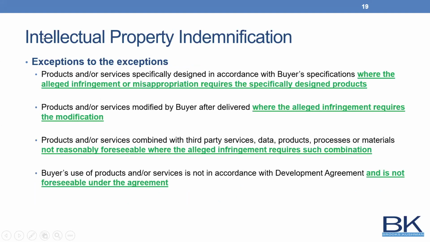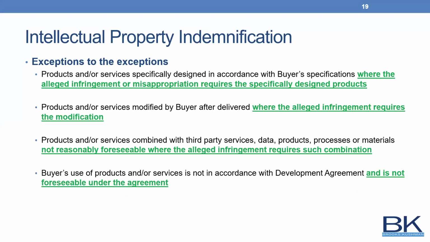Now, we just went through the exceptions, and then there's the exceptions to the exceptions. This could be the pushback that's made by the purchaser, where it appears that the exception may be too broad. With respect to the first one, a specifically designed product in accordance with the buyer's specifications, you'd want to ensure that the specifically designed product is what's required for the allegation of infringement or misappropriation.